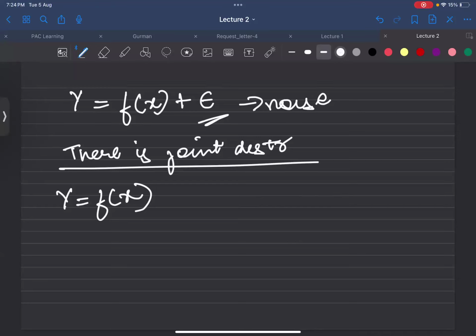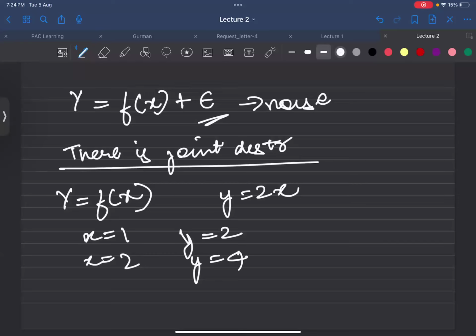Okay. Suppose I take y is equal to 2x. This is the function. If x is equal to 1, y is equal to 2. X is equal to 2, y is equal to 4. X is equal to 3, y is equal to 6. So these are deterministic values.